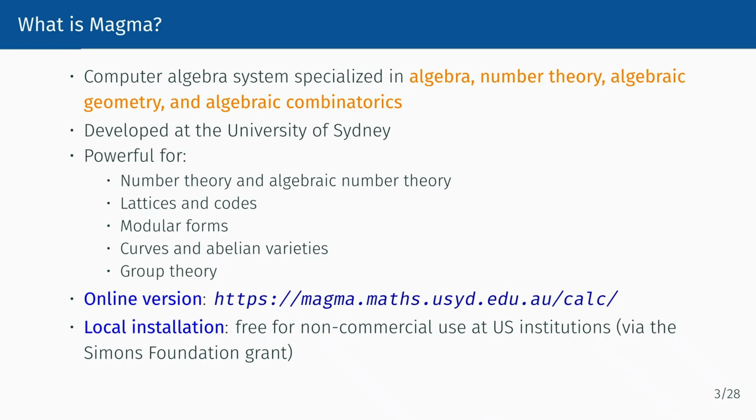And it's powerful for things like number theory and algebraic number theory, lattices, modular forms, curves and abelian varieties, group theory. And if you just want to run a few sample calculations, there's an online version, the Magma calculator that you can click on.